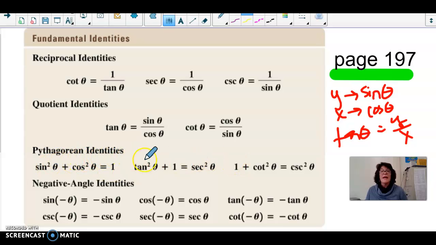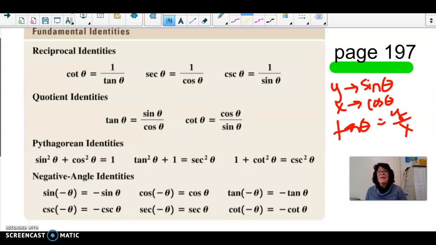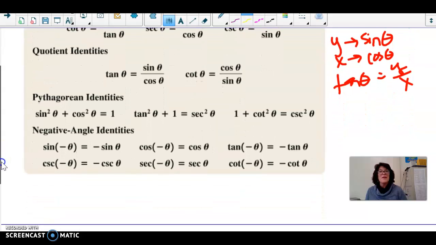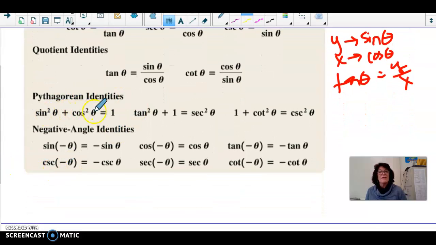We had learned the Pythagorean identities back in chapter 3. I still have them on the front board, but we're going to have them at our fingertips a little bit more. We've been graphing now, so we've kind of gotten away from these, but these aren't new. We've also learned that sine is an odd function, symmetric to the origin.